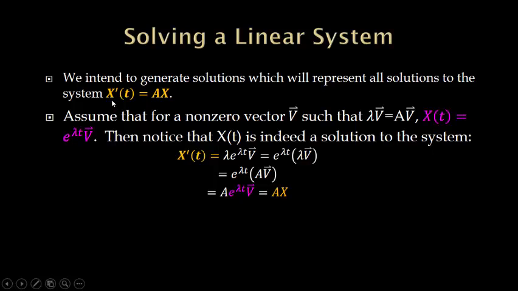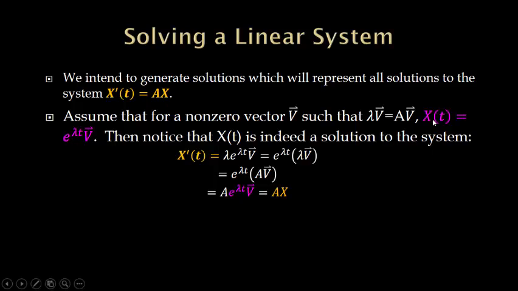To clarify, from previous sections, going back to chapter 1, when you had a differential equation x prime equal to a constant multiple times that exact same variable, solutions had the form of exponentials times constants.